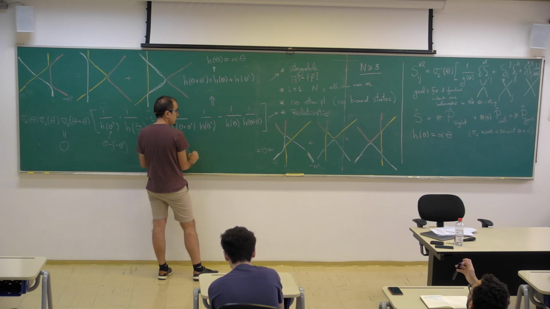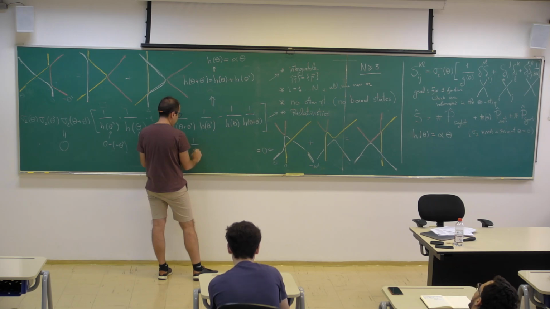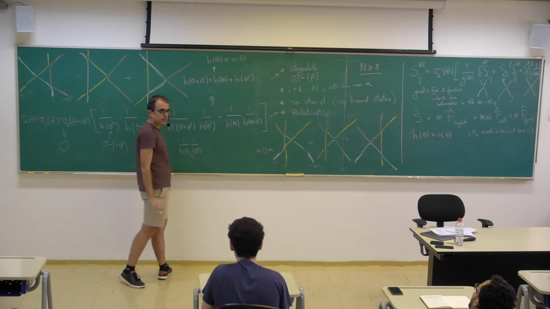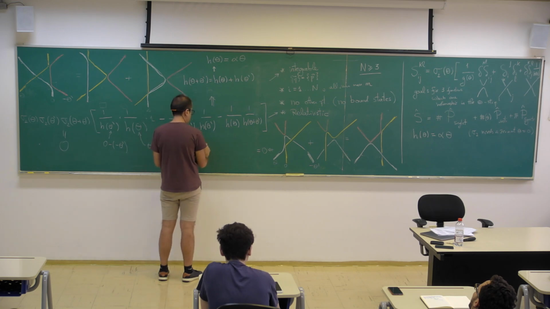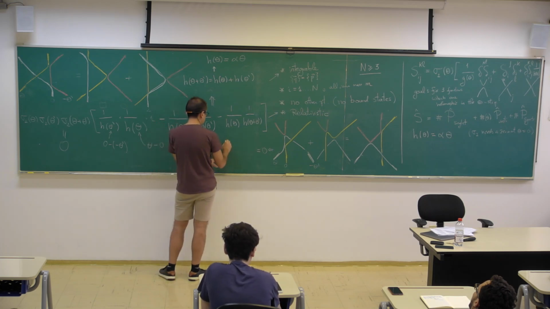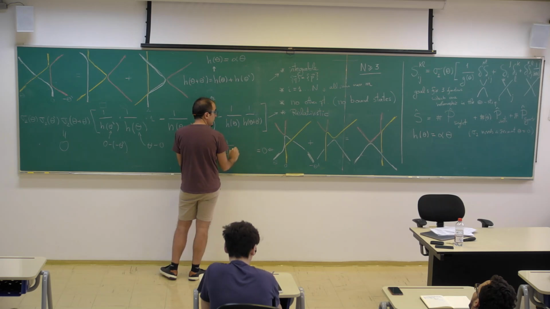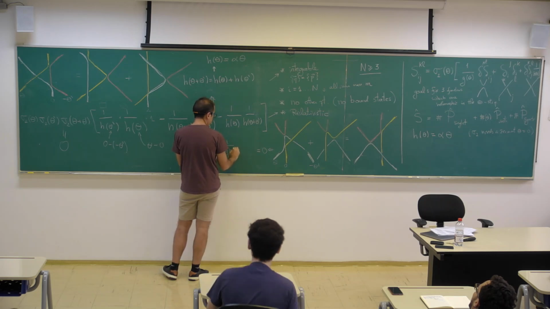Then transmission, it's nothing, and then an annihilation, 1 over g of theta prime. Then I have plus the next one, first a transmission, that's nothing, then an annihilation, 1 over g of theta plus theta prime, and then another annihilation, 1 over g of theta prime.